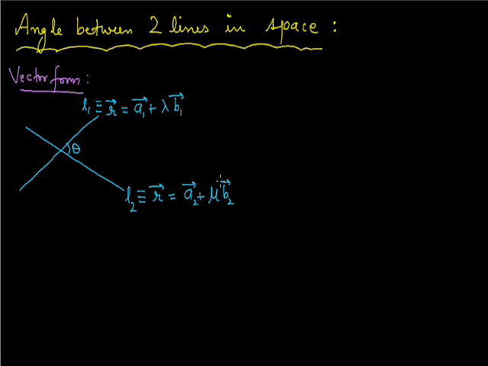So we know that b1 vector and b2 vector basically represent vectors in the direction of the lines. b1 vector is a vector in the direction of line L1 and b2 vector is a vector in the direction of line L2. We need to find this angle theta, so we can apply the scalar product of b1 vector and b2 vector.